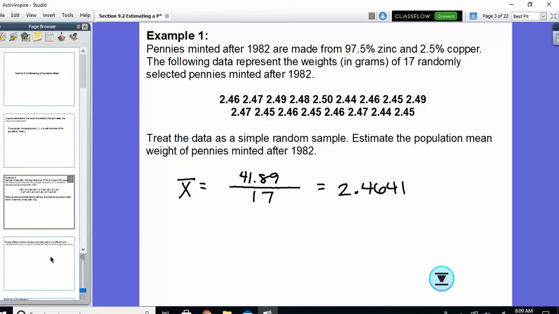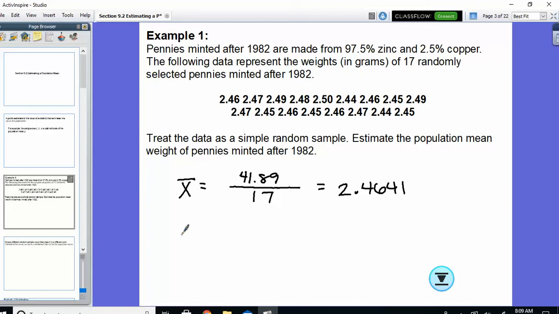All right, so if I picked a different sample of 17 pennies, would I get the same mean? No. If I got the entire population, every penny minted after that time, and got the mean, would it be 2.4641? No, just like when we were talking about p-hats.